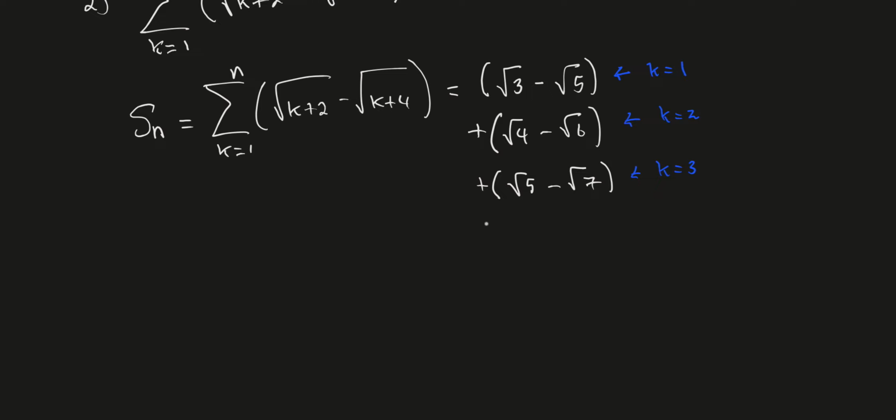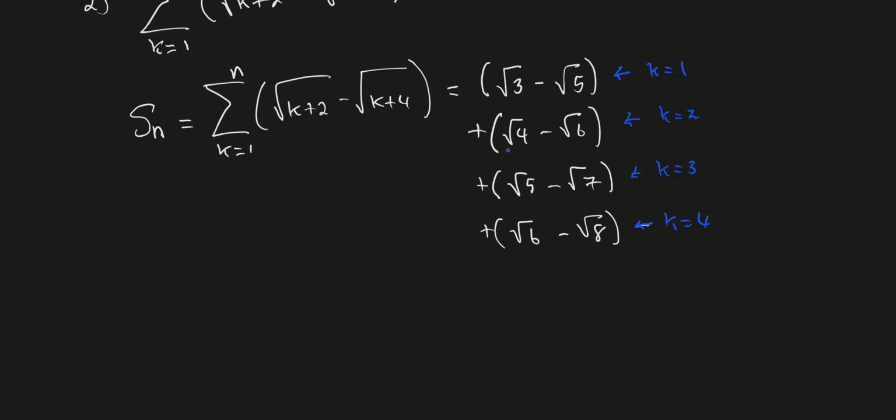So I'm going to write a few more terms so that we can really see this pattern. If we plug k equals 4 in, we're going to have the square root of 6 minus the square root of 8. You could do it horizontally, it doesn't matter, but you can definitely see the pattern in the first number in the parentheses and the second number in the parentheses.